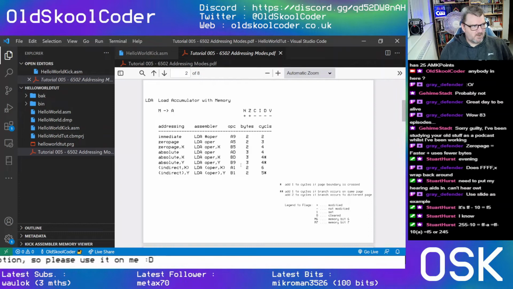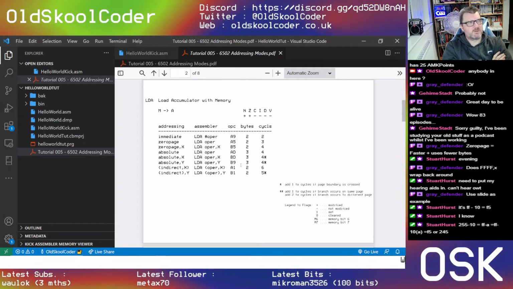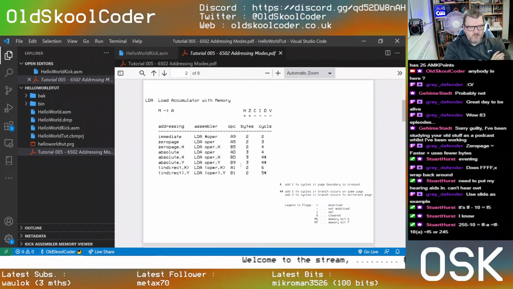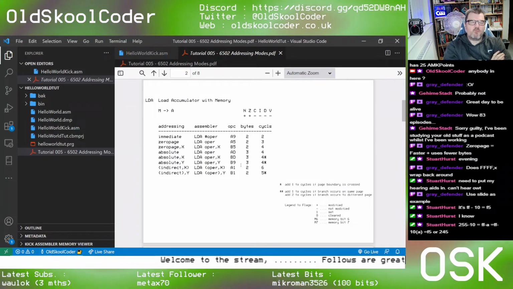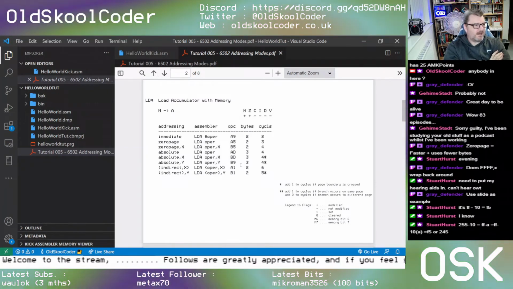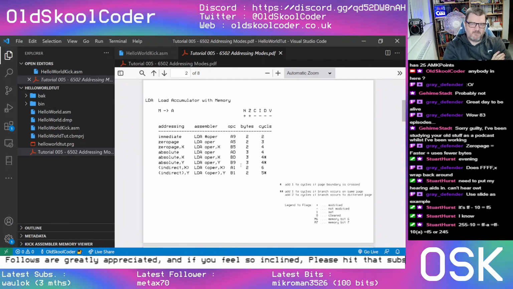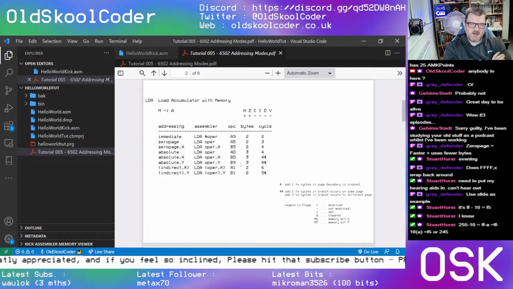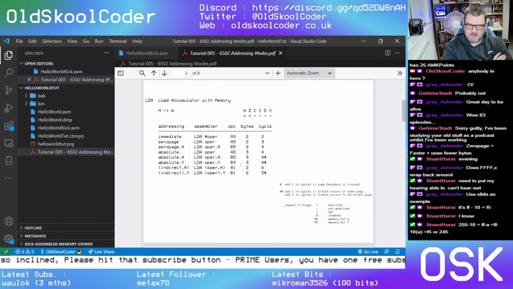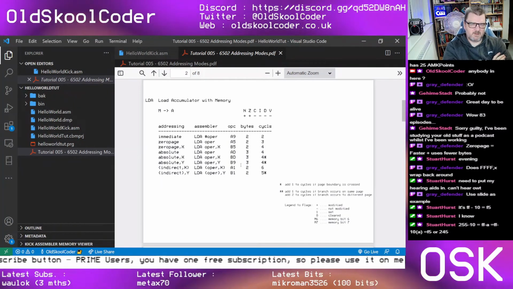The only time you see indirect comma X is where you're using tuples, where you've got an array of memory locations that you want to run over. But I've not used indirect comma X for a long time. I think the last time I used it was for the OSK monitor, the machine code monitor.